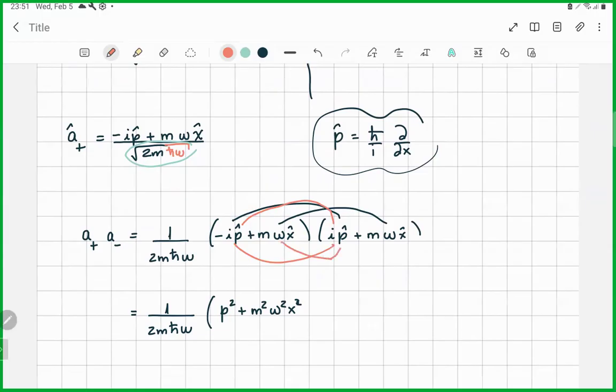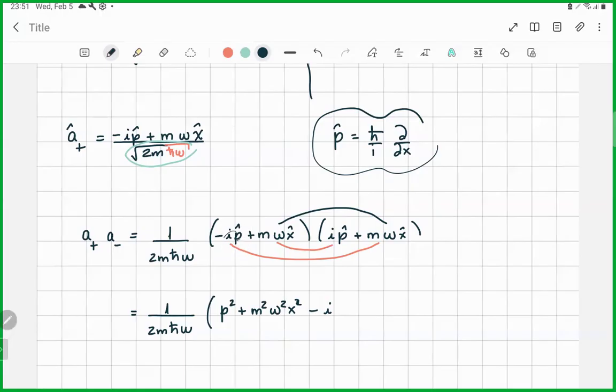this. Let's write them. So from this first one, we have minus i. I didn't mark them correctly, right? Let's do this properly. So I'm picking the cross terms, so it's this one with this, and this one with this. Okay, so let's write them. So the first one is minus i.